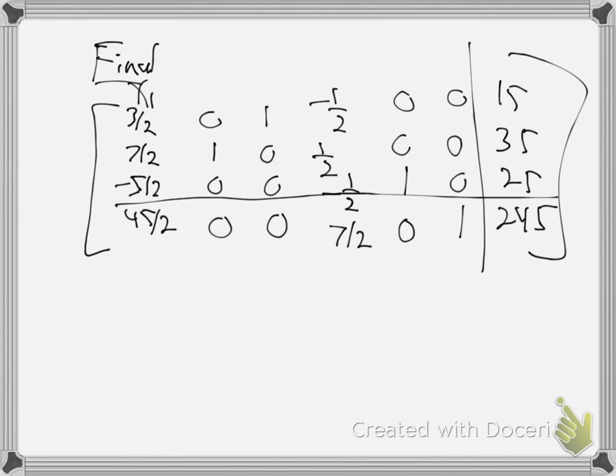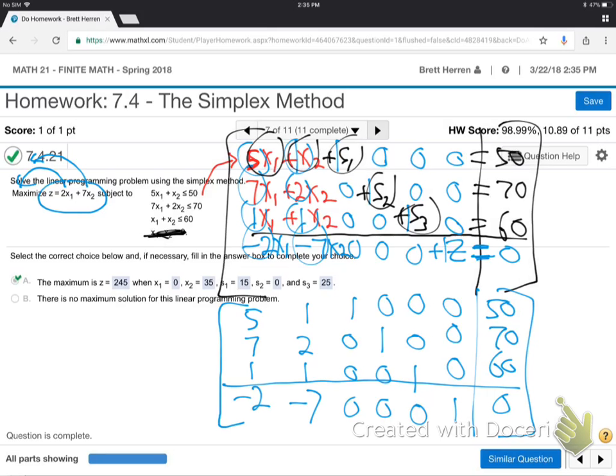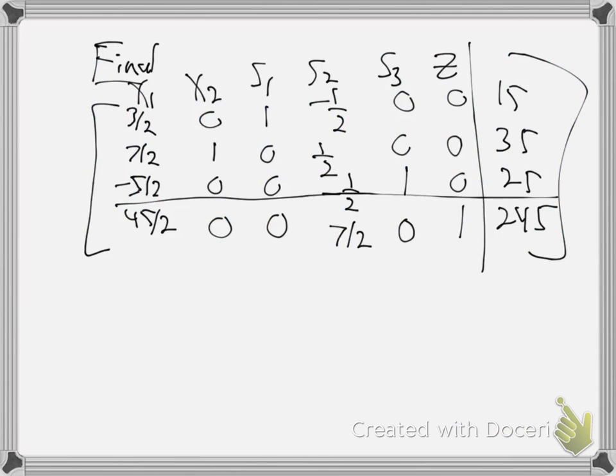Is that what you're getting? And that's x1, x2, s1, s2, s3, z, right? Yeah. So there it is.